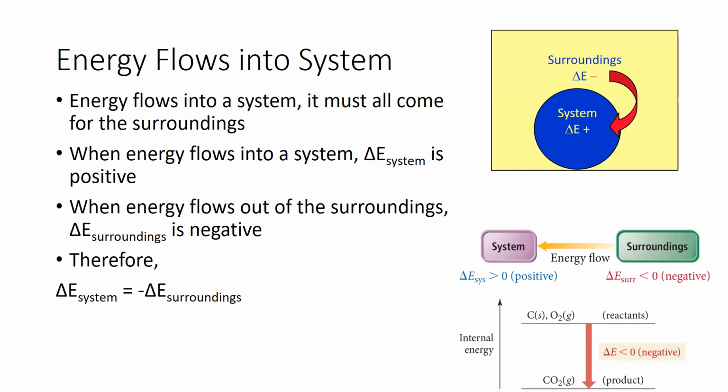So we already talked about this, but let's look at this a little more mathematically. Any energy that goes into our system has to come from its surroundings. So this is really talking about thermodynamics, and the first law of thermodynamics.